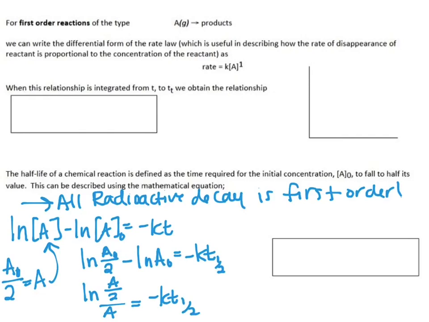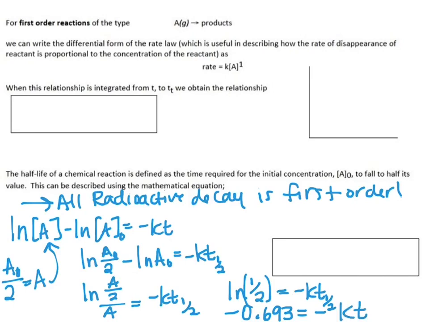Clean it up a bit, and what we get is ln of 1/2 is equal to negative kt at time 1/2. Everybody, in your calculator later, take the natural log of 1/2. Negative 0.693 is equal to negative kt 1/2.